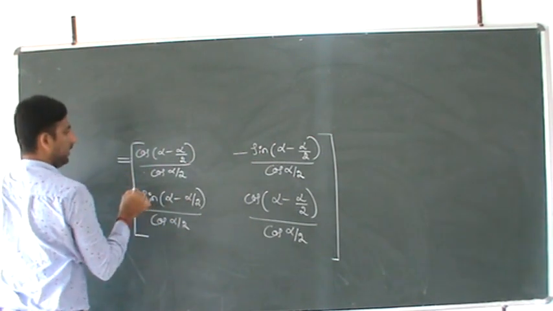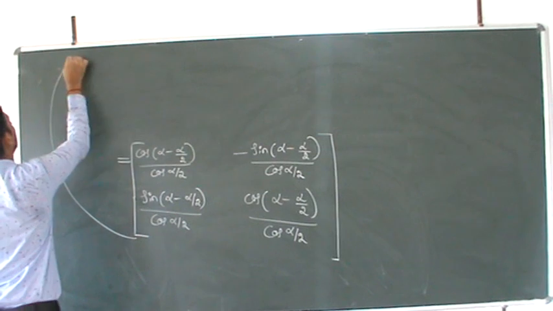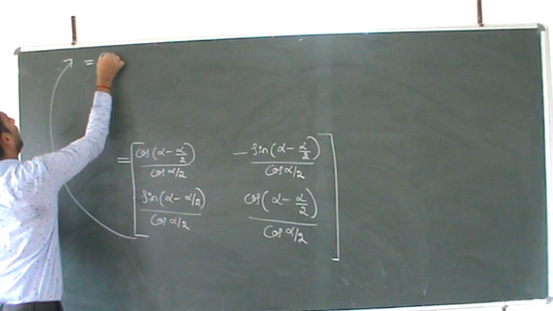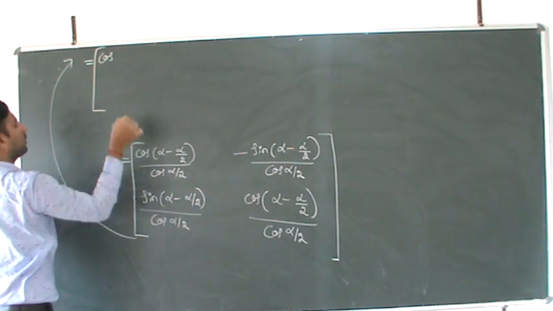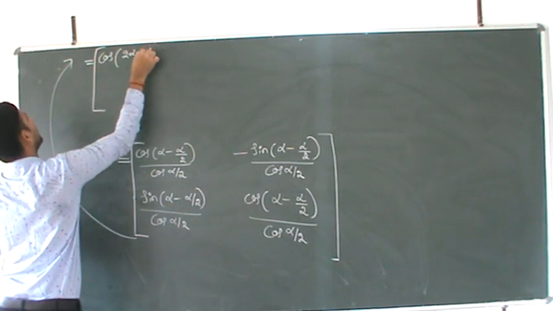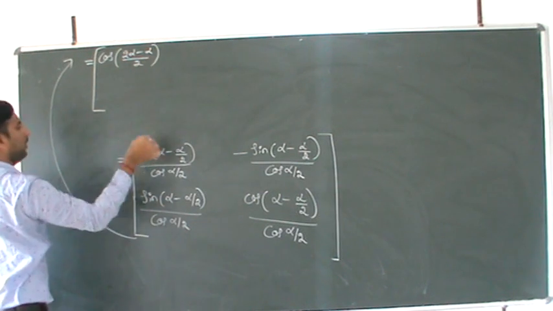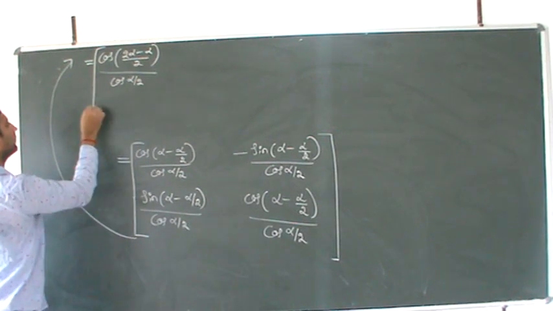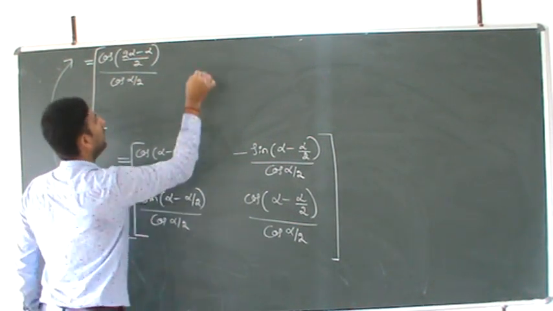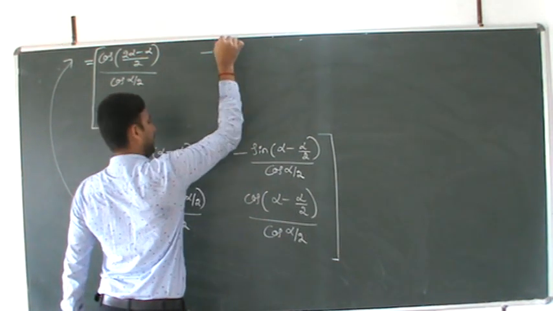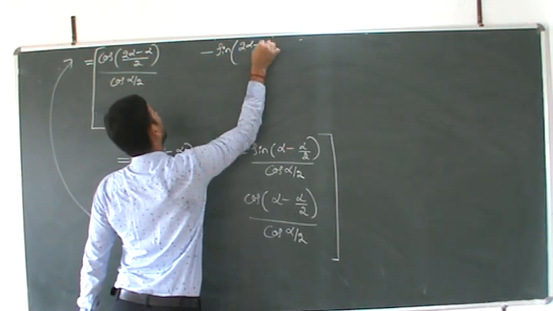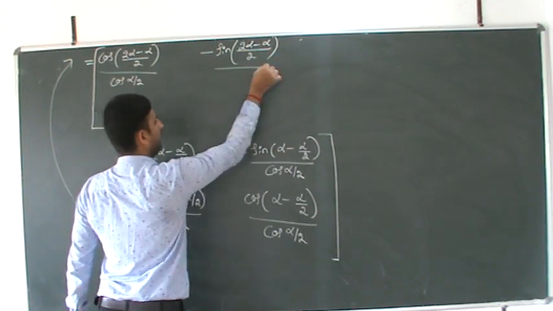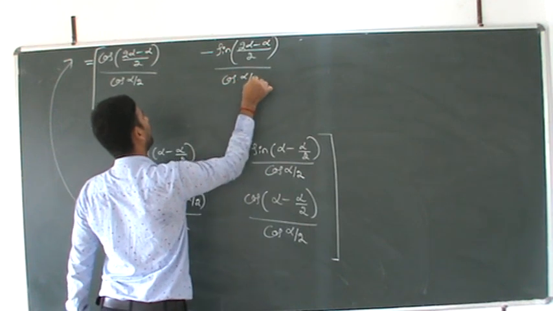After that, I will write here, which is nothing but cos of 2 alpha minus alpha divided by 2, divided by cos alpha by 2, as LCM, minus sin of 2 alpha minus alpha divided by 2, whole divided by cos alpha by 2.